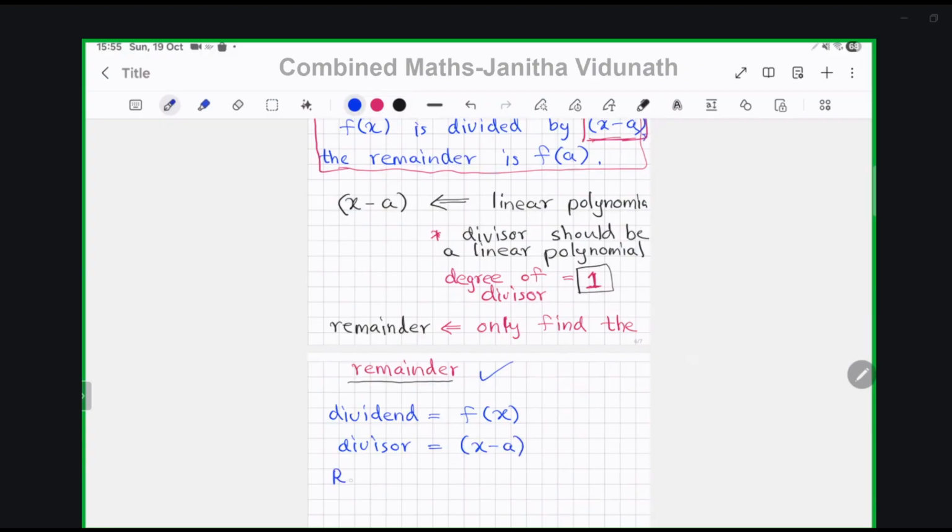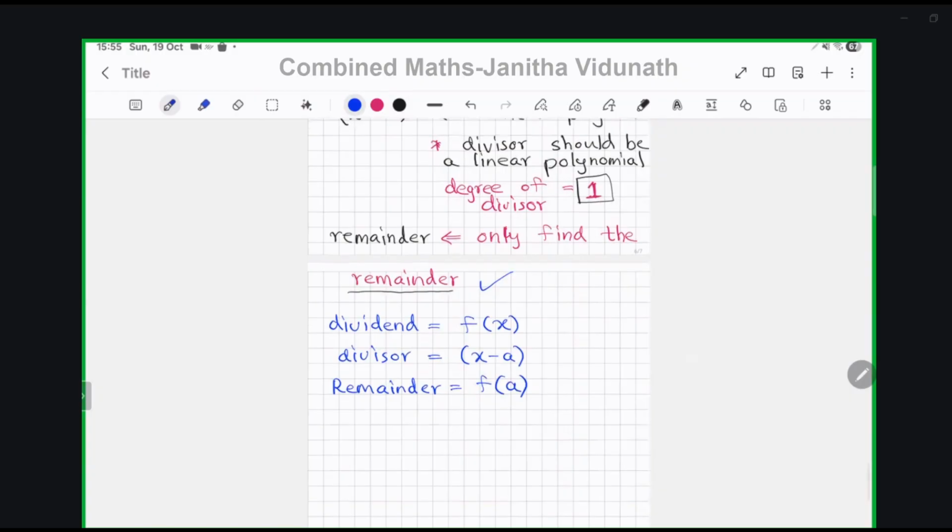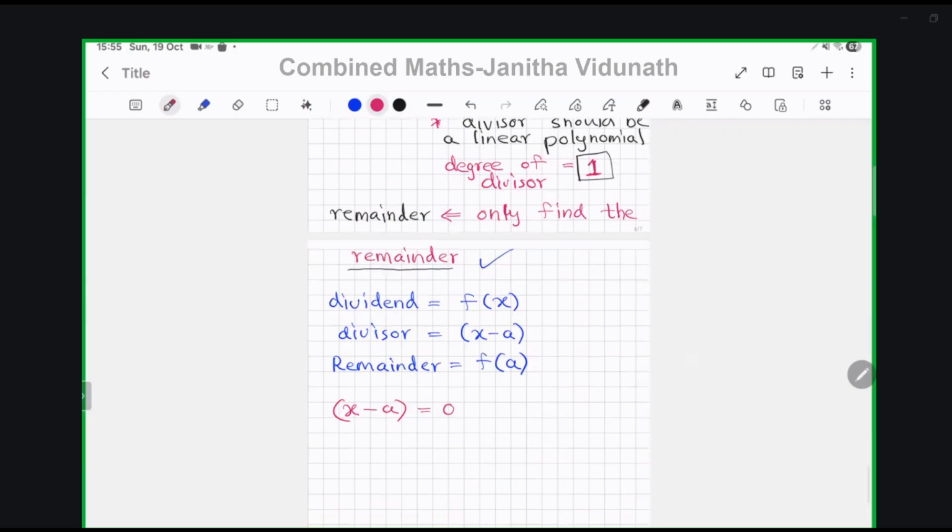Then they have mentioned that our remainder is f(a). That means our divisor is x minus a. We first set this divisor equal to 0. Then we find the value of the variable, then x is equal to a. That means we need to find the value of the variable when the divisor becomes 0.